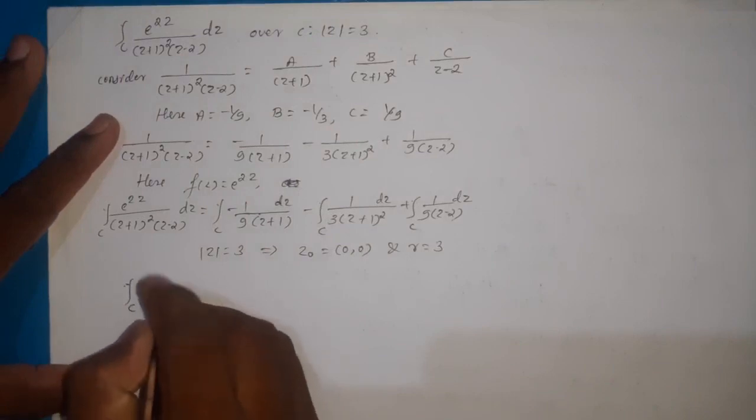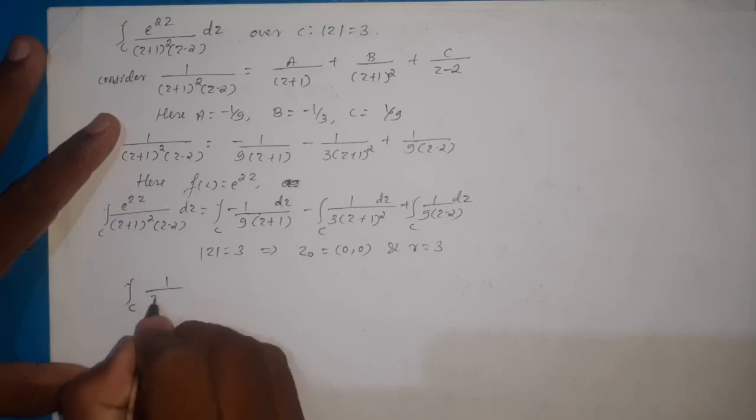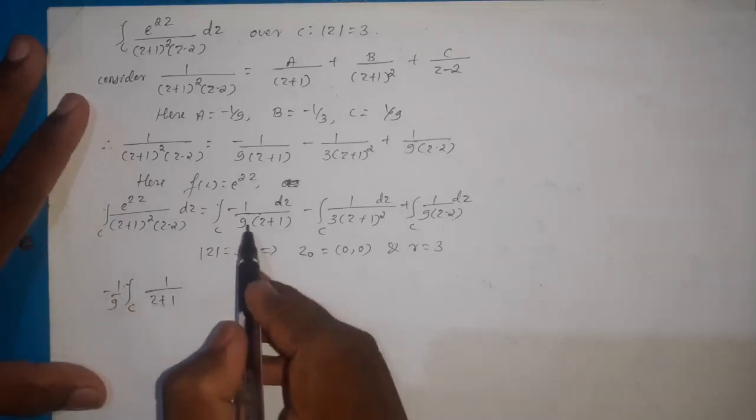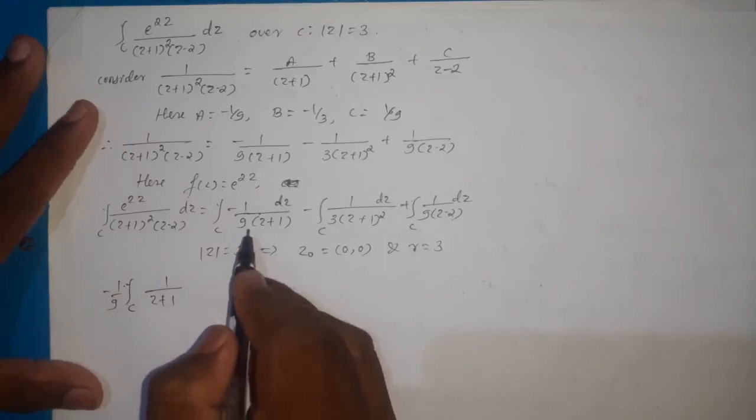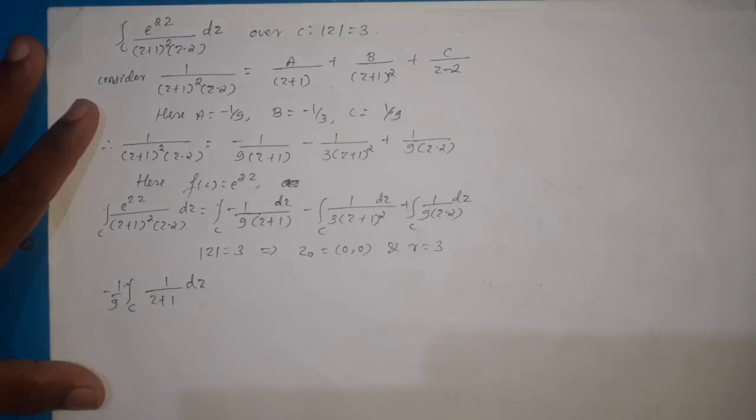So now consider the integral over C of 1 divided by (z plus 1). Here minus 1 by 9, let us take that outside since it is a constant, into e power 2z.